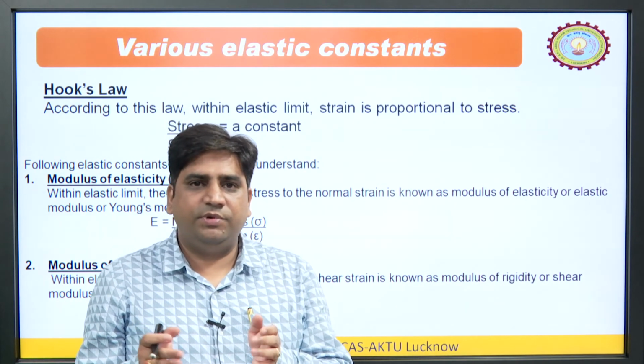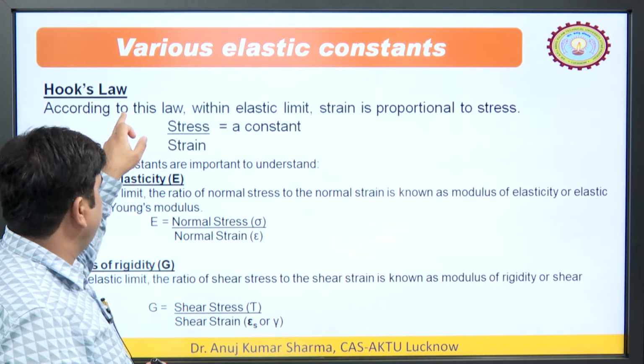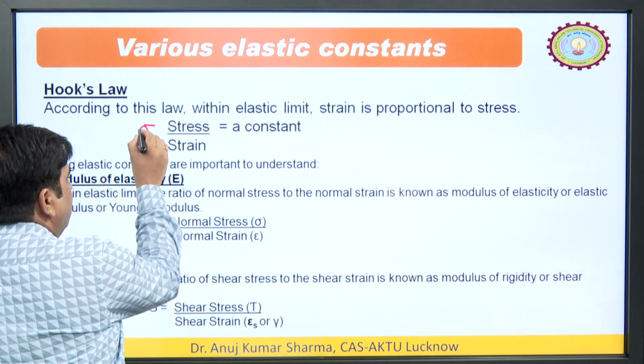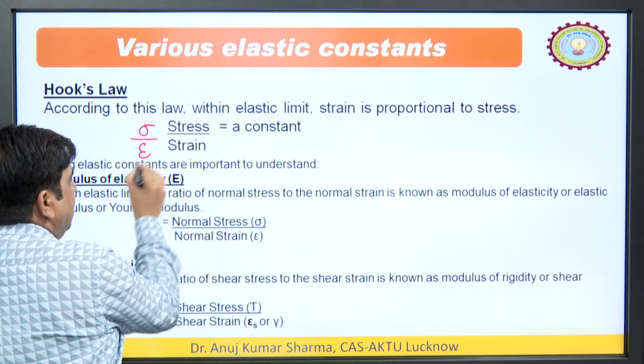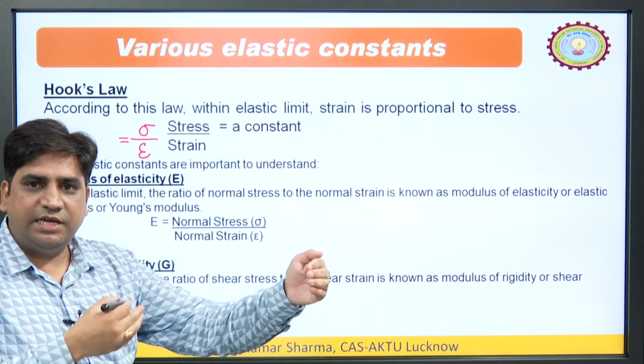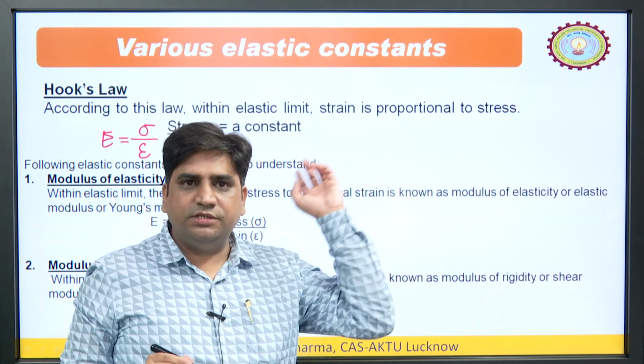Within the elastic limit, if stress is directly proportional to strain, then we can say it obeys Hooke's law. According to Hooke's law, stress sigma upon strain epsilon is equal to a constant. For tensile loading, it is equal to E. So, this is Hooke's law.